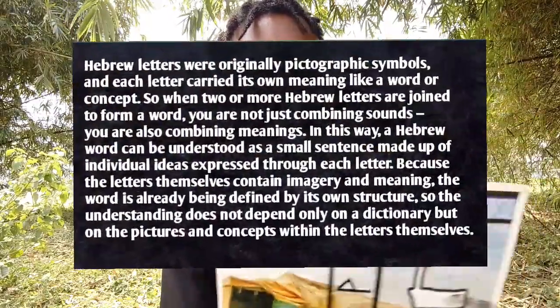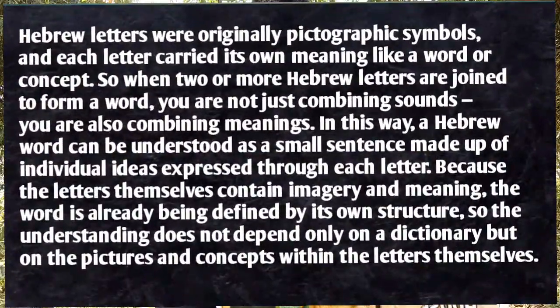So when I combine pictures, it will illustrate reality. It gives me a reality description of the word, tying it to real life events. It will always give me a description of reality. So I understand words once I combine the letters. That means Hebrew words define themselves. You know what I'm saying?